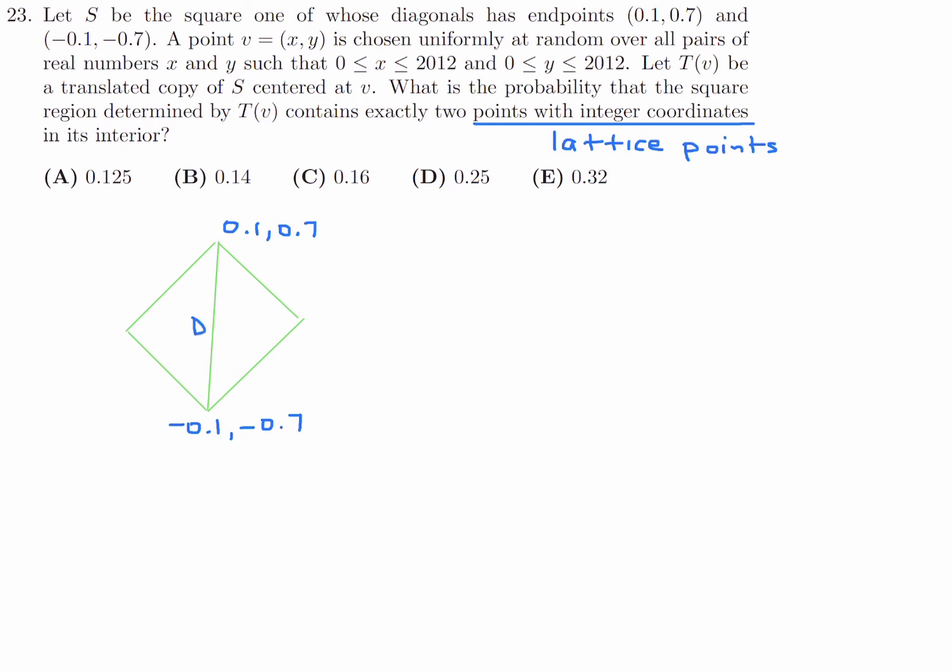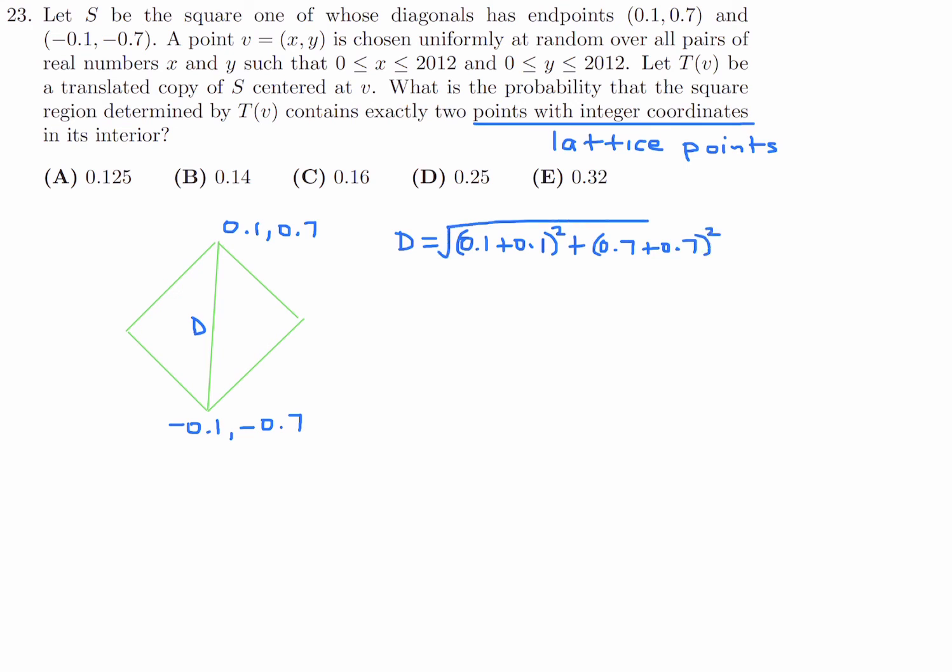That's going to be the square root of (0.1 minus negative 0.1, so plus 0.1, all squared, plus 0.7 minus negative 0.7, so also plus 0.7, all squared).